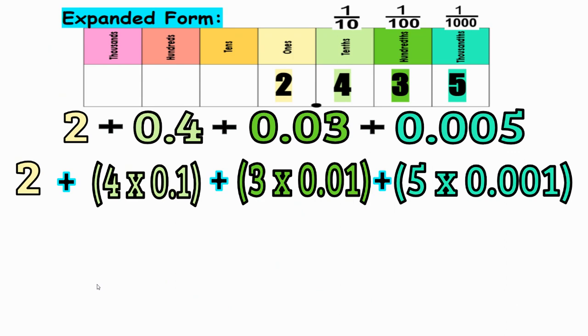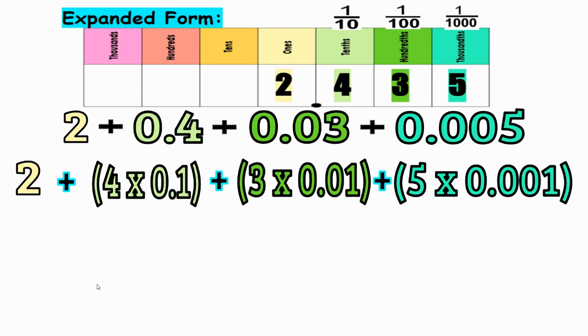And we have 5 thousandths in this number. Okay, so we can represent it, and we'll put it into a set of parentheses to show that each amount is showing the tenths, the hundredths, and the thousandths that we have.